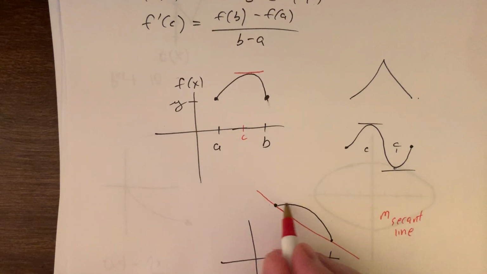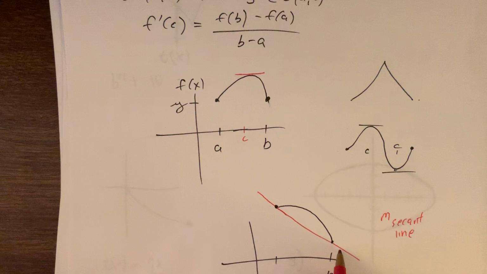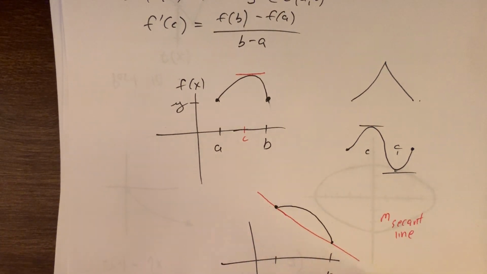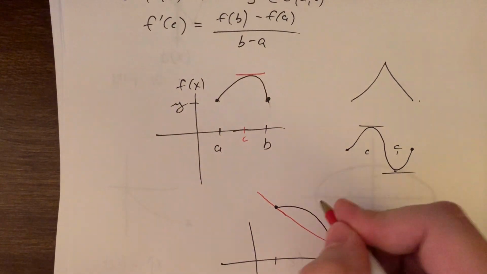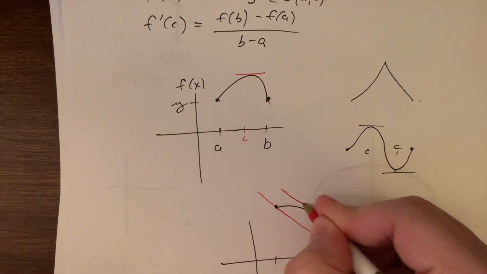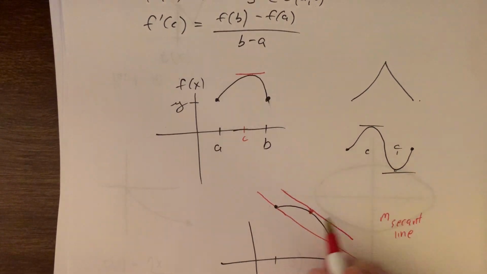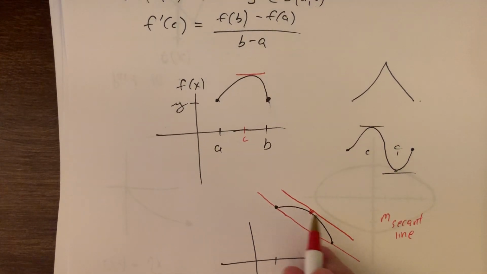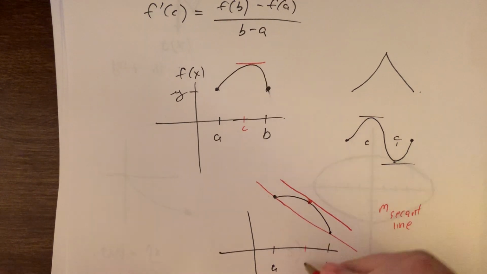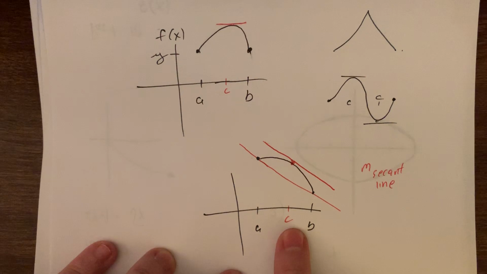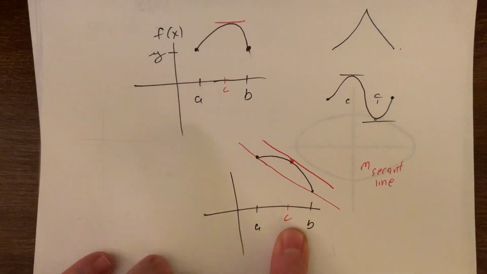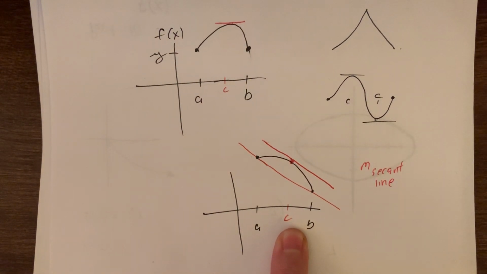Trying to draw tangent lines, that would be, that would be, that would be. But which one is parallel to this one? And roughly, that would be about here. That tangent line here has the same slope as that secant line. Therefore, this would be the C value that we're guaranteed from mean value theorem.